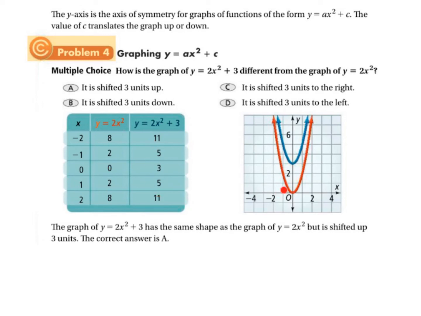If you go over here and you're normally going up there, you'll now be 3 units higher. If you're here at the origin, you're going to be 3 units higher. The whole thing is shifted up. Because it's positive, it's shifted up 3 units. Correct answer is A.